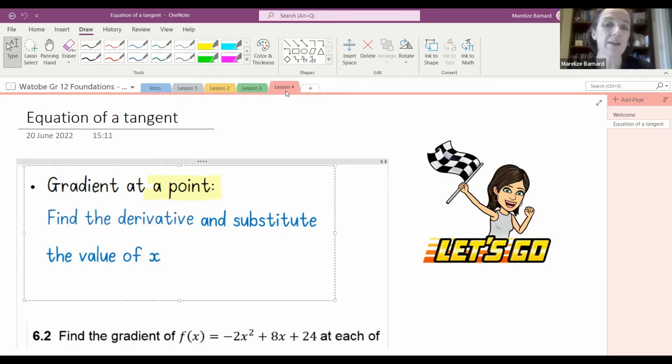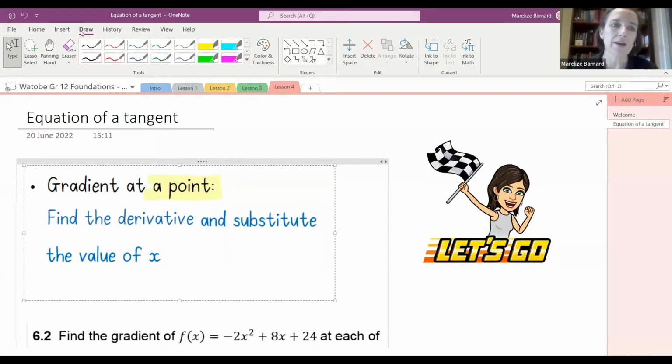So you would have heard the word tangent before, because tangent we also did when we did circles. Skako, do you remember the equation of a tangent when we did analytical geometry, and we did the tangent to the circle with the gradient and the perpendicular, all of that stuff. So you should know already what a tangent is. It's a straight line that touches a curve at a specific point.